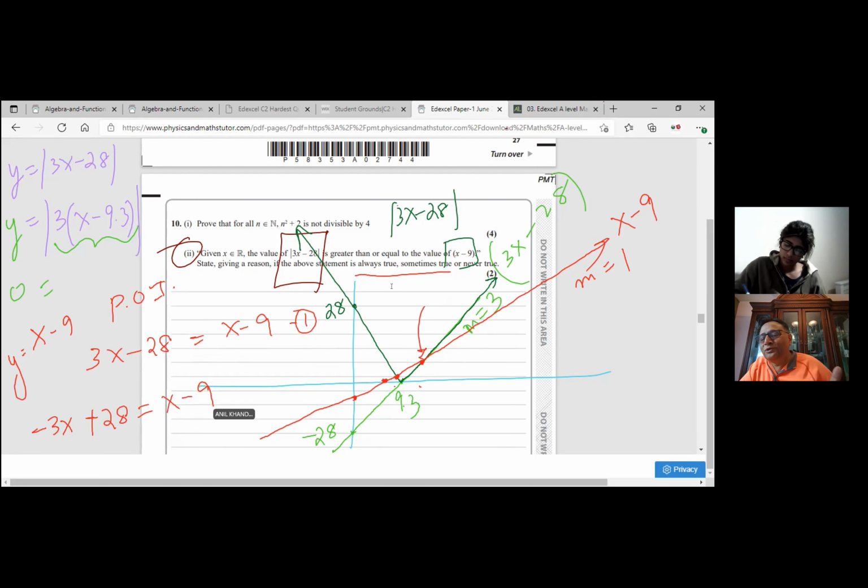So you have to solve these 2 equations. That second equation will give me the second point. And once you find these 2 points, A and B, let's say, then you'll say sometimes true, since between the interval A to B, it is not greater than or equal to the line, correct?